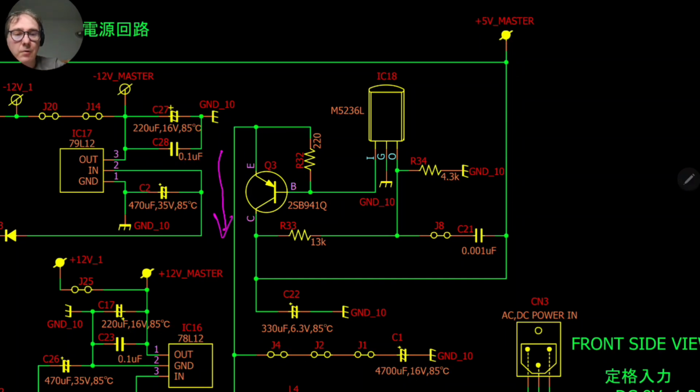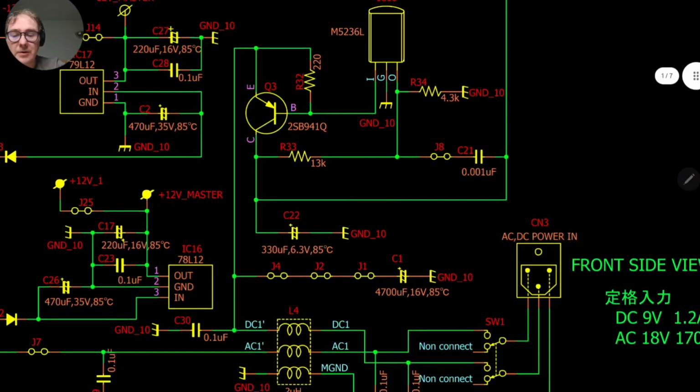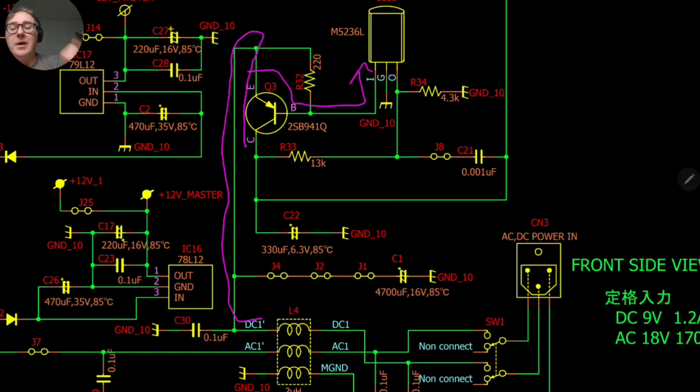So we have our current, which starts here, goes up, goes this way, and also goes through the base of the transistor and comes here. The amount of current that goes this way is controlled by the amount of current that goes the other way.